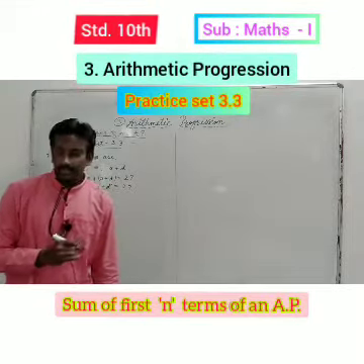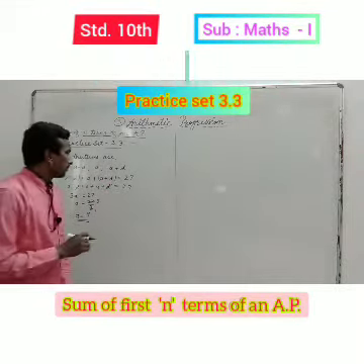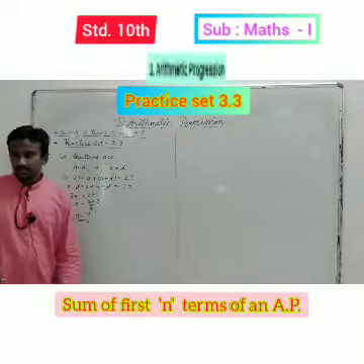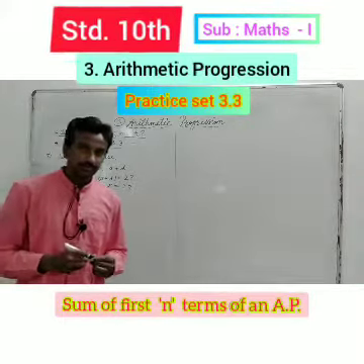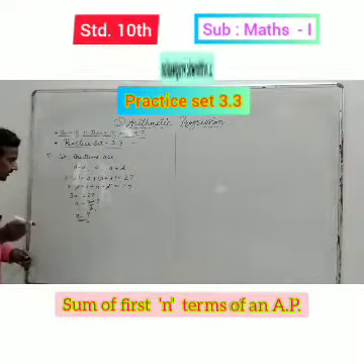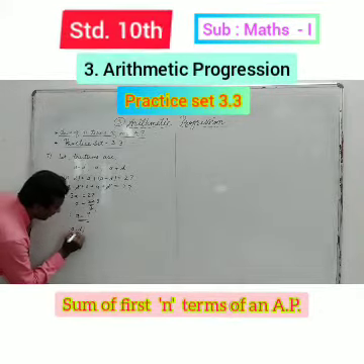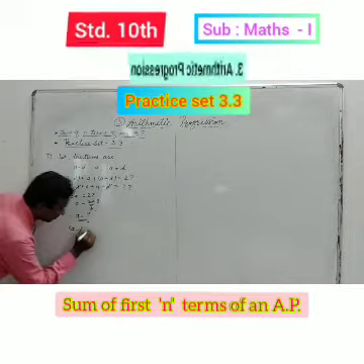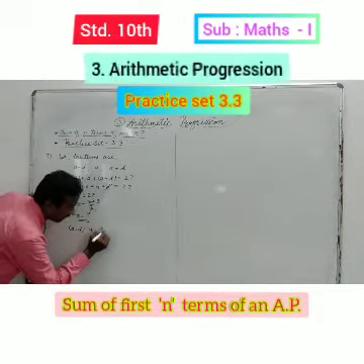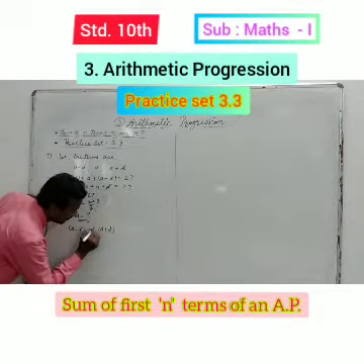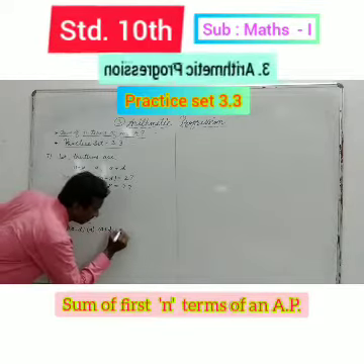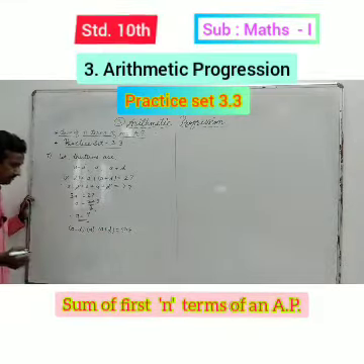Now, second condition in the question is product of these three consecutive terms is 504. Now, second condition is a minus d into a into a plus d is equal to 504.